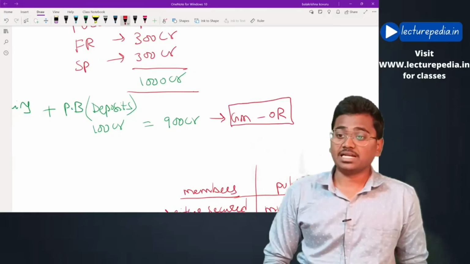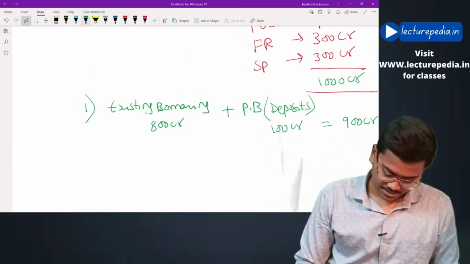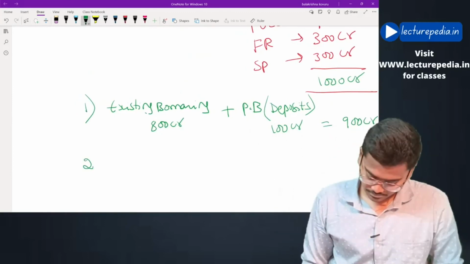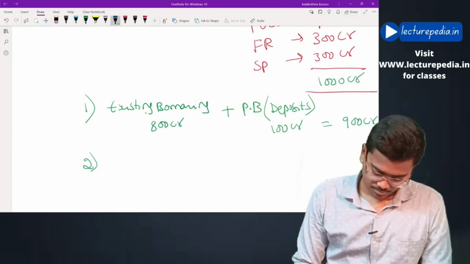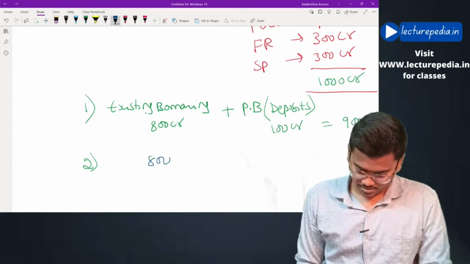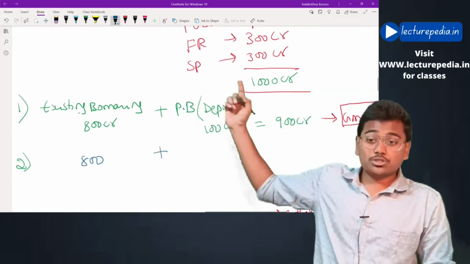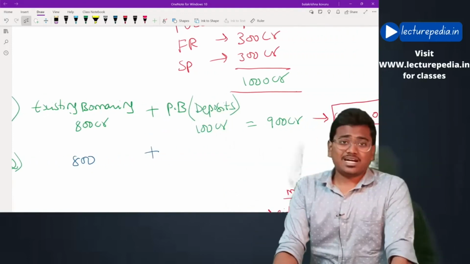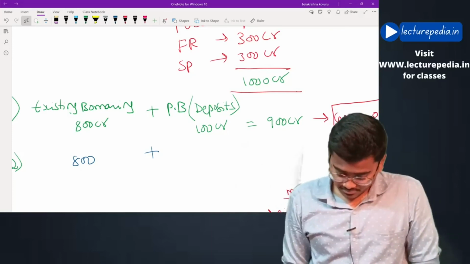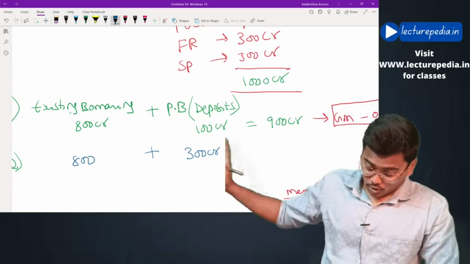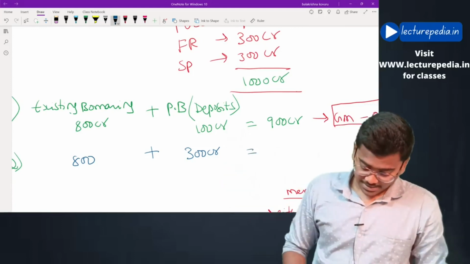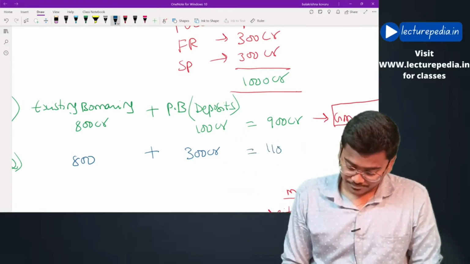Next case, second case, existing borrowings 800 crores. Let me use another pen. 800 crores. Next, proposed borrowings. Now the company wants to raise 300 crores. In that case total becomes 800 plus 300, 1100 crores.